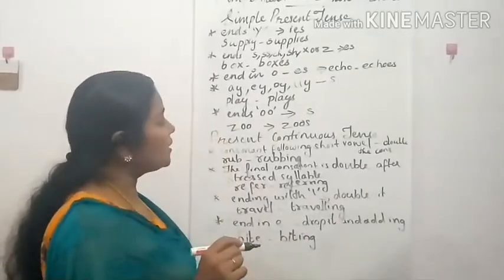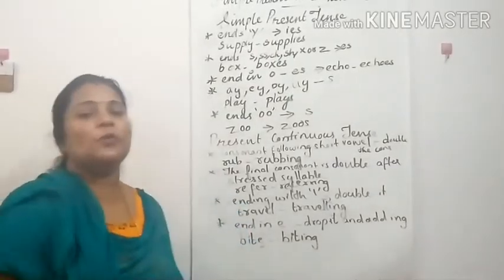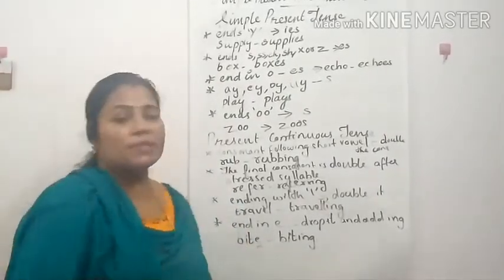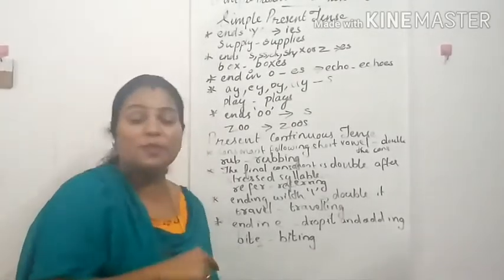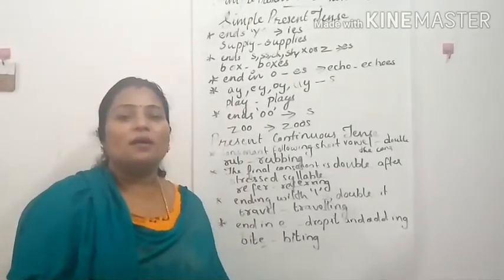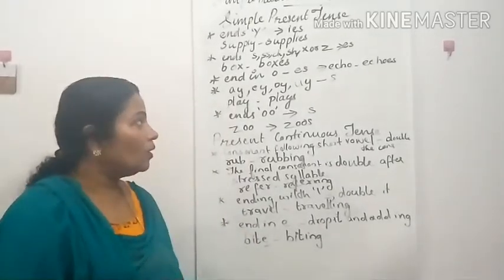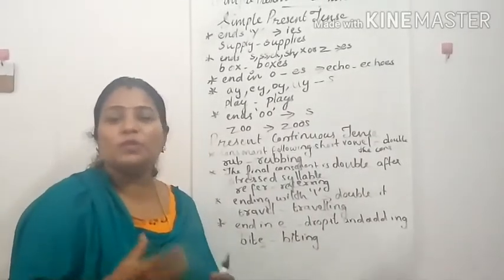So these are some of the rules for changing the spelling when you use it in simple present tense and present continuous tense. Hope you all have understood this much of our portion. So these are some of the examples to change.